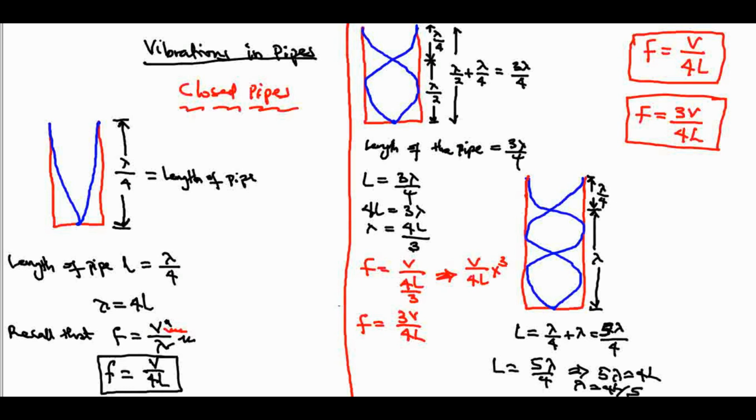So I'll finish that up somewhere around here. So F will be equal to V over 4L over 5. Therefore, F is equal to 5V over 4L. And I'm going to put that in a box to say F is equal to 5V over 4L.